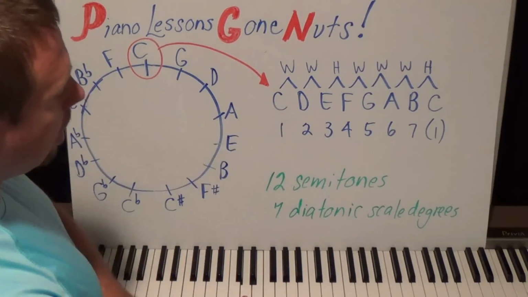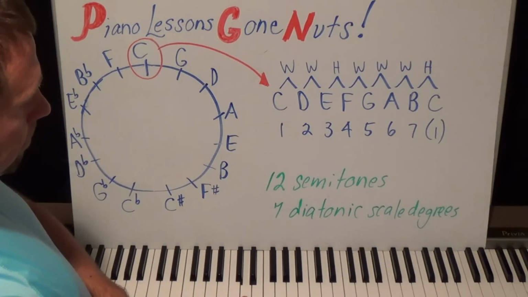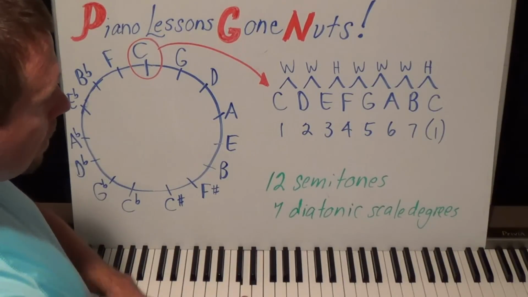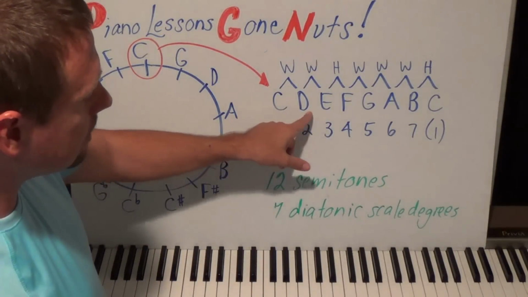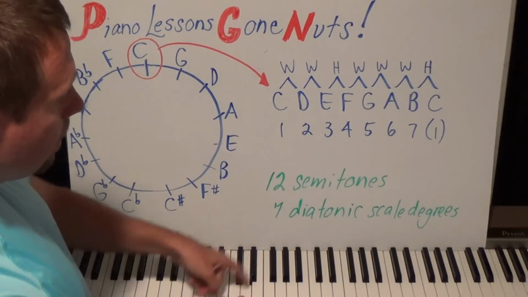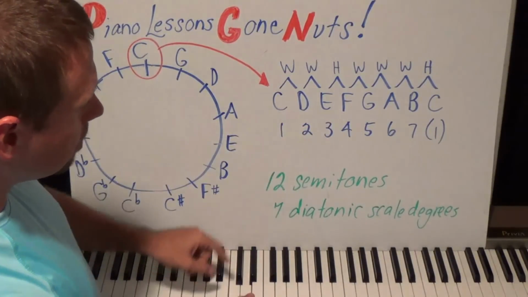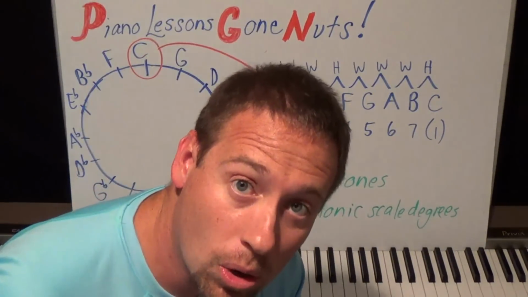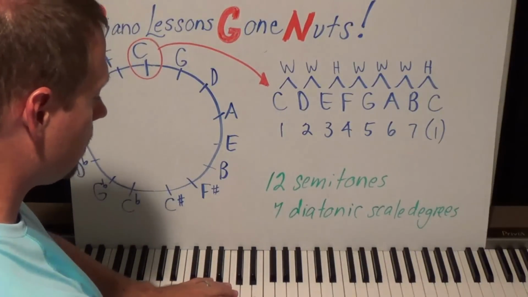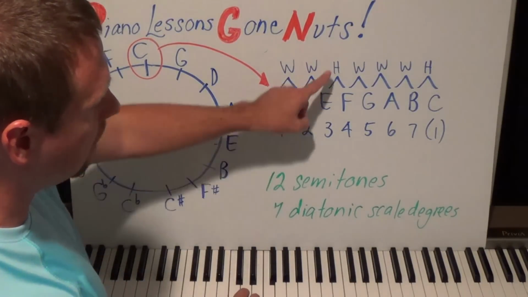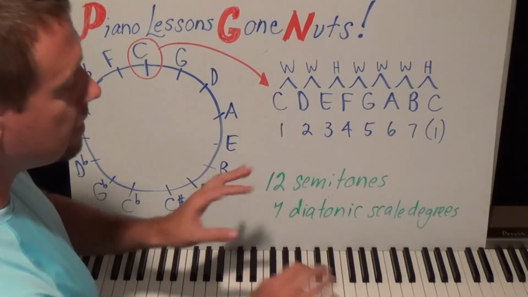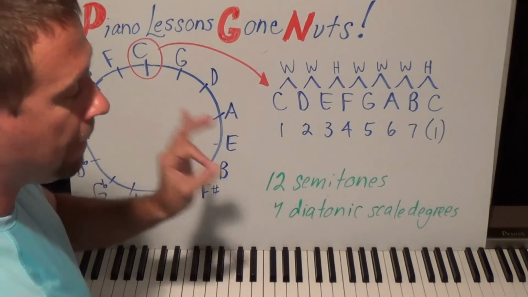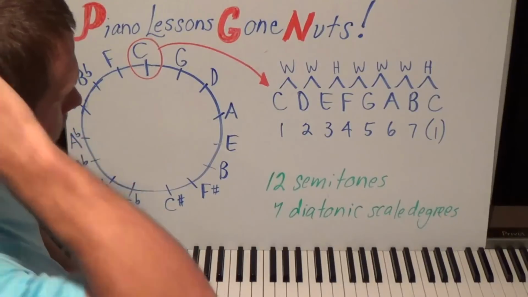Okay? D to E is also a whole step. All right? So from scale degree 1 to scale degree 2 is a whole. From scale degree 2 to 3 is also a whole. There's the H. But look at this. From 3 to 4 is not a whole. It's a half step. So E to F is a half step, so I'll put an H there. This is the formula for making what's called a major scale, okay?